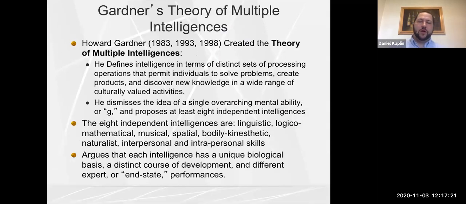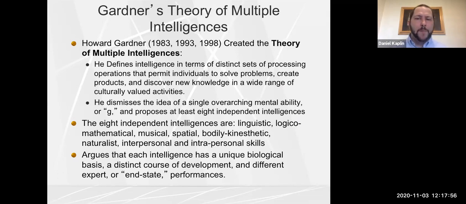Now, then we have Howard Gardner. Howard Gardner is an interesting fella because when he talks about intelligence, he believes, unlike all the previous theories where they're somehow overlapping or interplaying with one another or some subcomponents of the same intelligence, Howard Gardner believed that intelligence was not one thing.